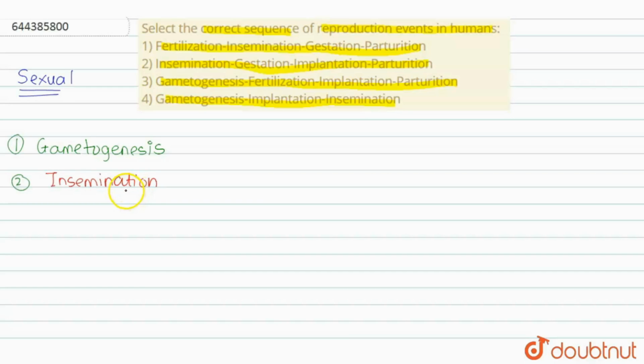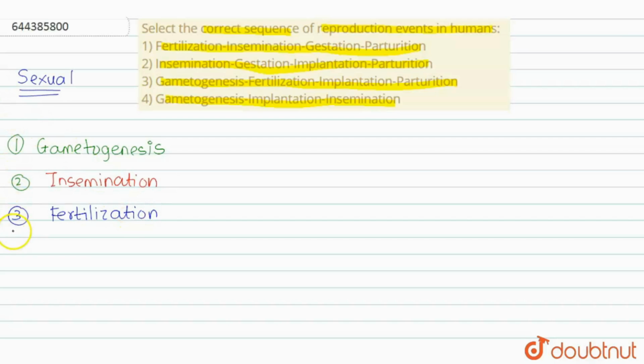Now because of this, the male gamete reaches the female gamete. Once the male gamete reaches the female gamete, the next step is that the male gamete fuses with the female gamete. And this process is called fertilization.